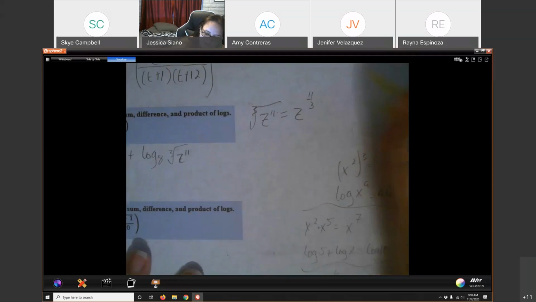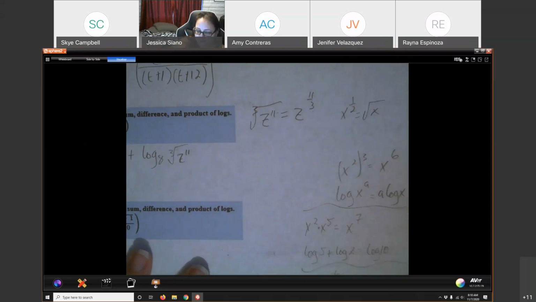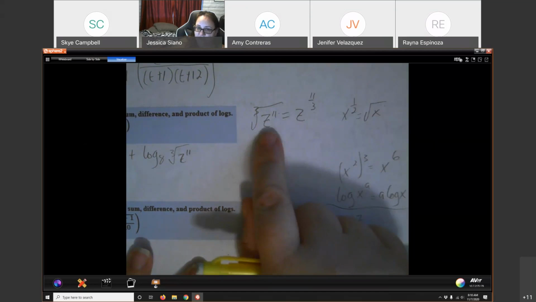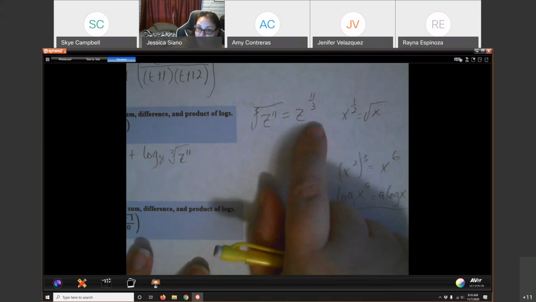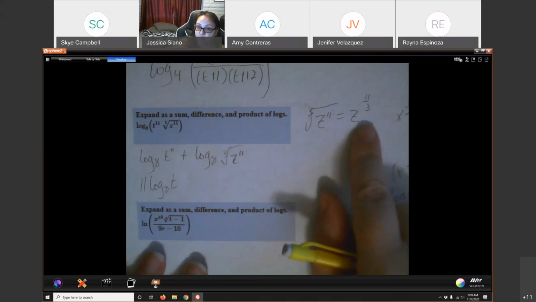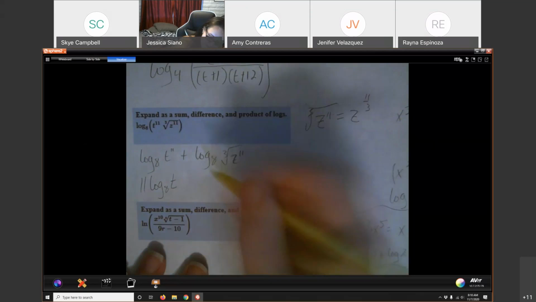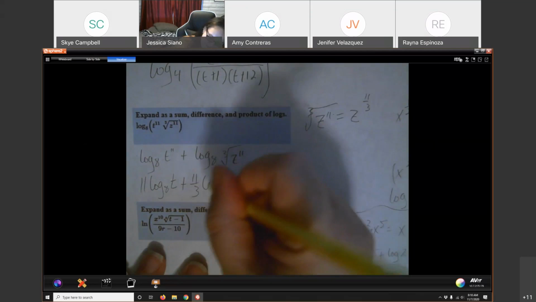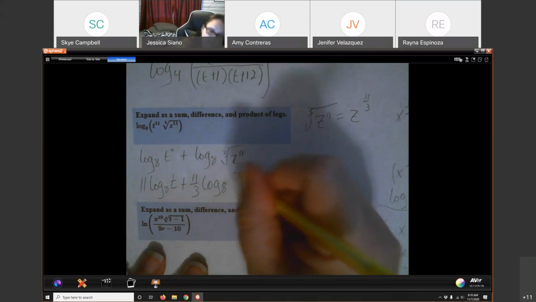So an extra side note that if you had something to the 1/2, that's the same as the square root of that thing, because the index on a square root is 2, and the exponent, when we don't write it, is 1. Okay, keep that in mind. This is the cube root of z to the 11th, which is the same as z to the 11 thirds. So this 11 thirds is what I'm going to bring out. Like that.